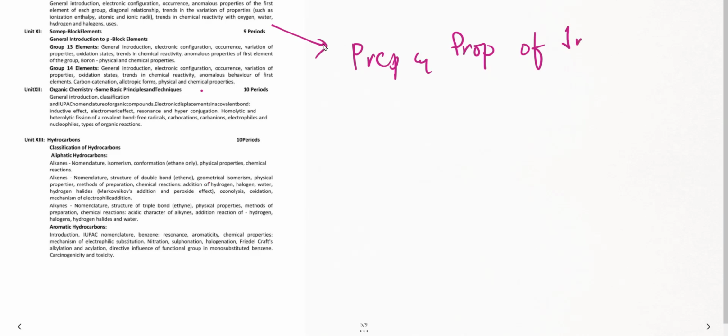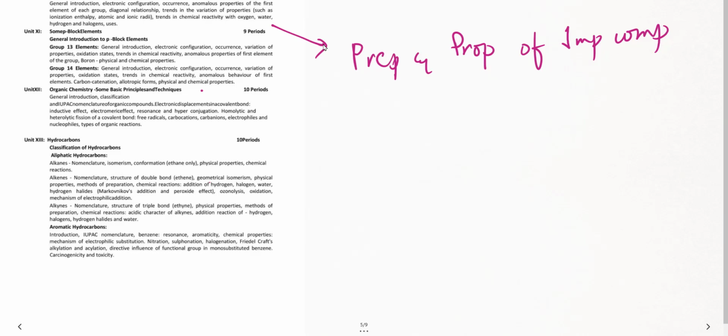That is sodium carbonate, sodium chloride, sodium hydroxide, sodium bicarbonate, and biological importance of sodium and potassium, calcium oxide, calcium carbonate, and the industrial uses, biological importance of magnesium and calcium. Almost three-fourths of the chapter they have taken out. All those topics are not there.